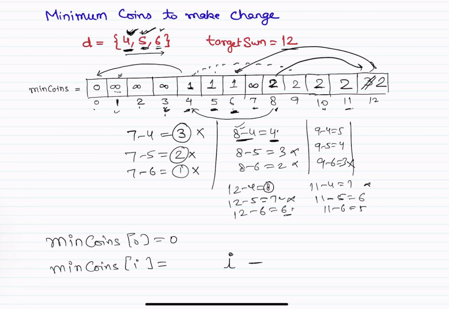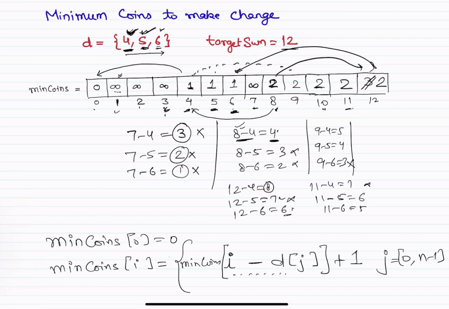From I, you have to subtract d of j, and you have to do this for every j going from 0 to n minus 1. If this value is present already and not infinity, then the answer will come from min coins of this plus 1. And we are interested in choosing the minimum value out of all of these.